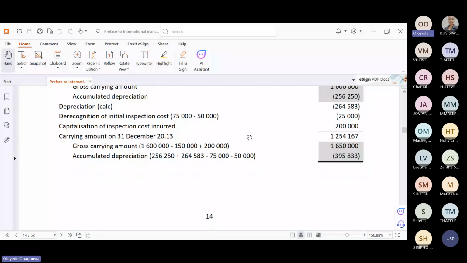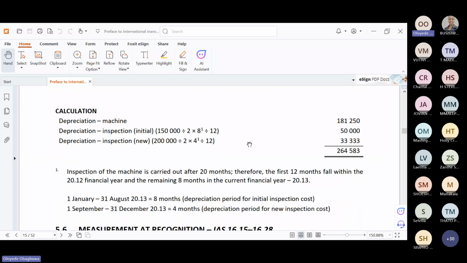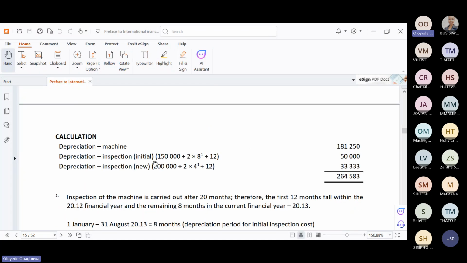We can only absorb 50,000, because now the 75% will only be usable for 8 months in the year, because the inspection was carried out 4 months short of the original scheduled period. Okay, 4 months short, so it's only eight months. We have to calculate the 8-month part of it. We have 50,000. The remaining four months will now be based on the new inspection cost.